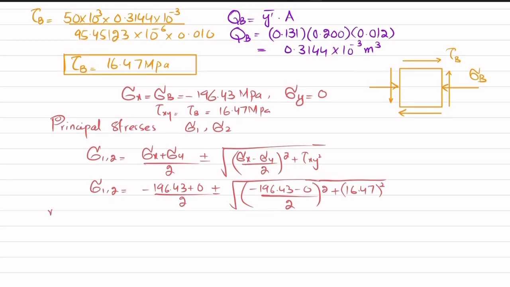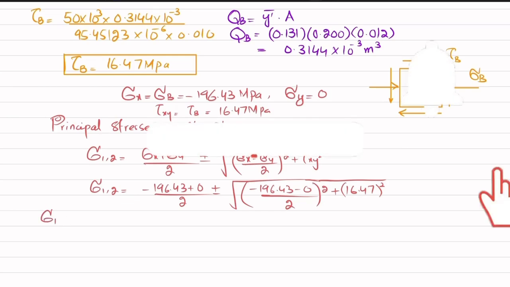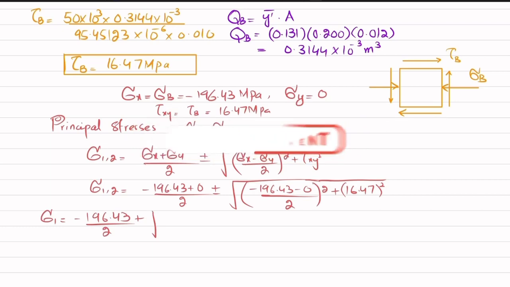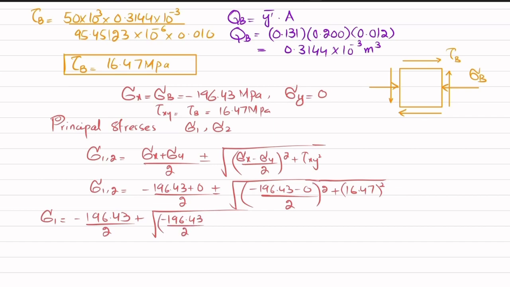So sigma 1 is equal to minus 196.43 divided by 2 plus the root of 196.43 divided by 2 whole square plus 16.47 whole square. And when you calculate, it will be equal to 1.37 megapascal.